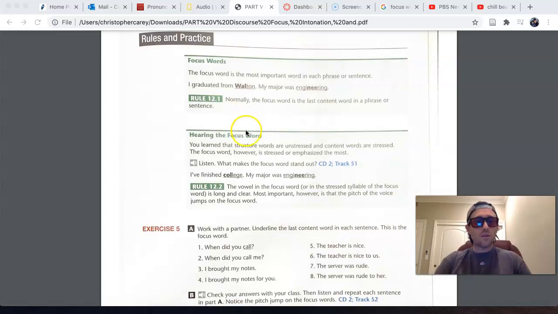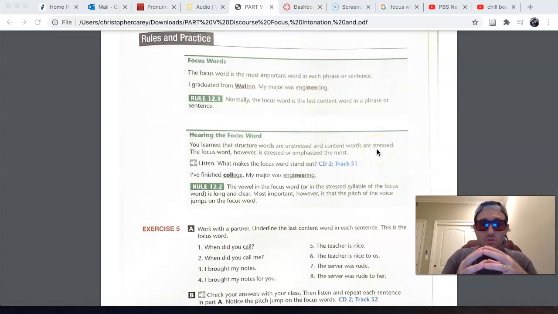Normally, as you can see from these two examples, the last content word is usually the focus word in the sentence. In terms of hearing the focus word, you'll remember that structure words, articles, conjunctions, auxiliary modals that are positive, are unstressed, and content words are stressed.